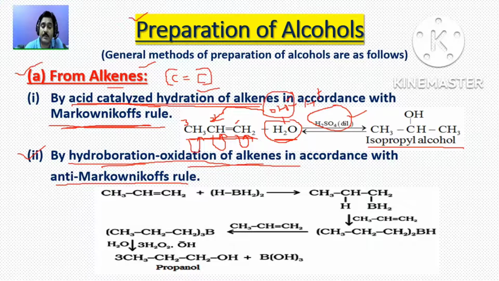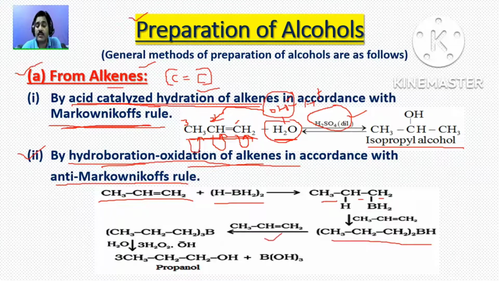In the example here, propene is the alkene, and when we take the hydroboration-oxidation reaction, it changes into CH3CH2CH2BH2. Now when CH3CH=CH2 is again supplied to it, it changes into (CH3CH2CH2)2BH.